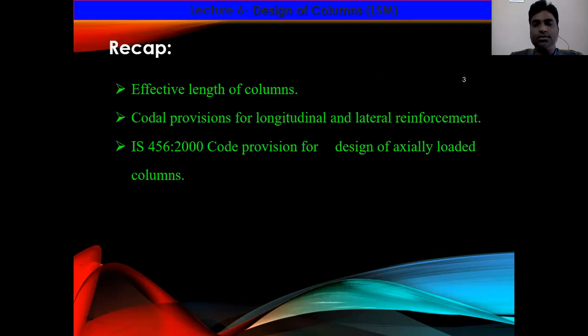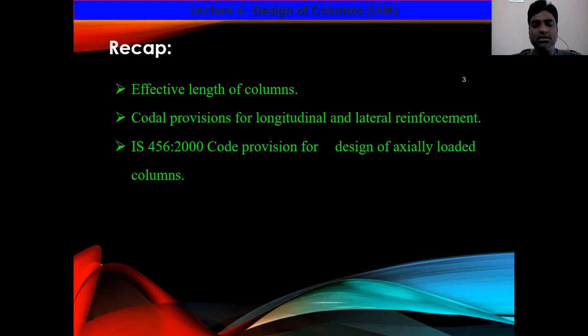So before going to today's topic, let's recap what we discussed in the last class. In the last class, we discussed the effective length of the column: what is meant by effective length, how to determine it, and how it changes with respect to its support condition or support restraint.